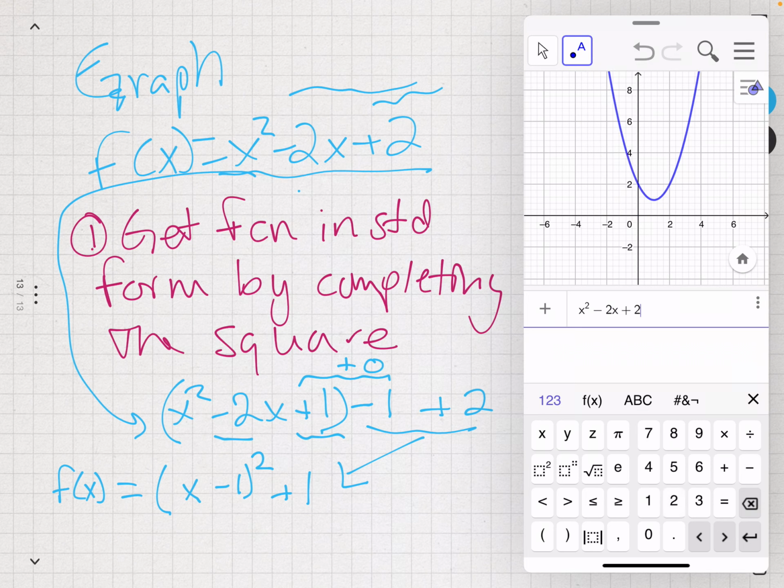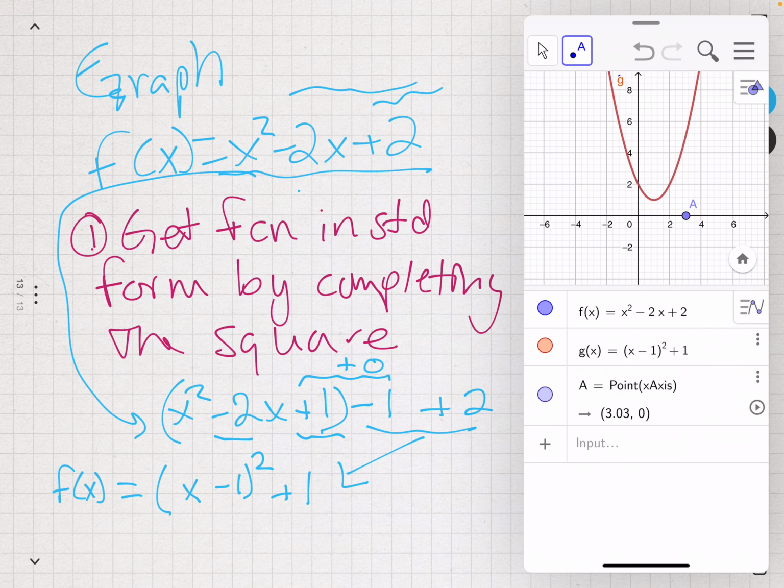X squared minus 2x plus 2. And so that's the original. But now what if I graph x minus 1 squared plus 1? And notice that those two graphs coincide.